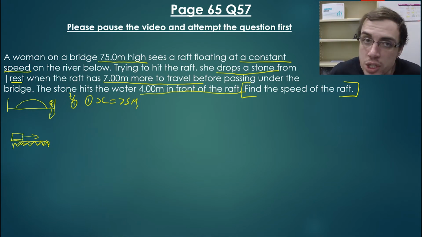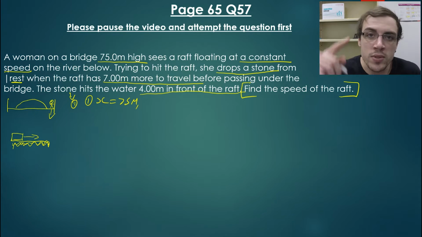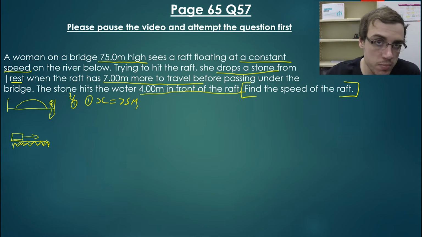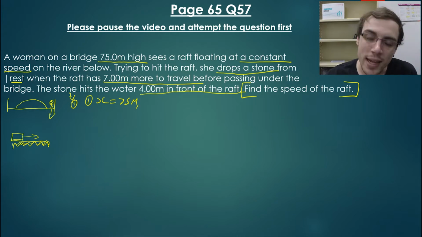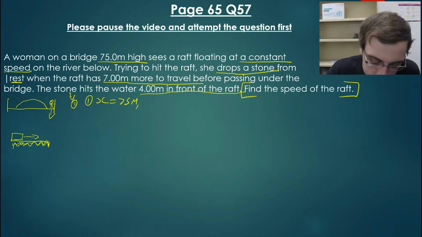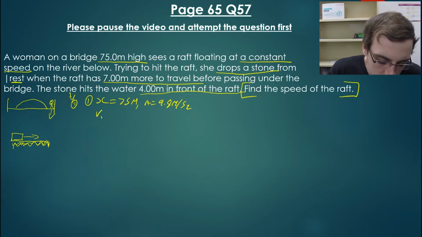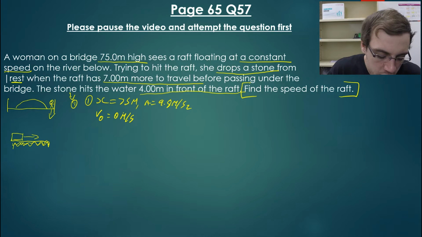Its acceleration, because it was falling towards the ground after she let go of it, what made it accelerate? That is gravity. So we know that the acceleration is going to be 9.8 meters per second squared, and the initial velocity is going to be 0 meters per second because it started at rest.